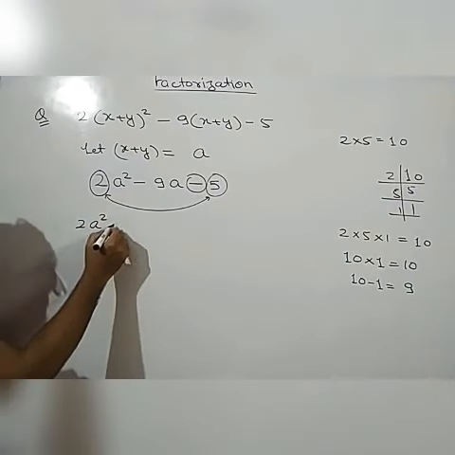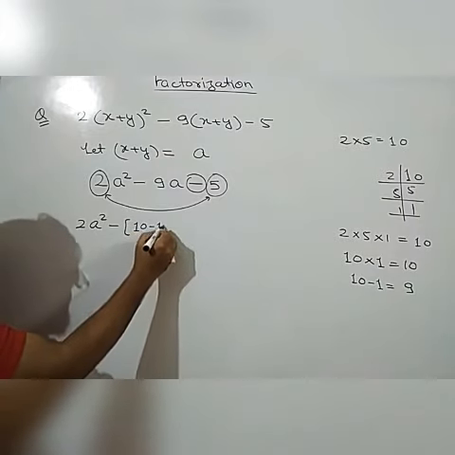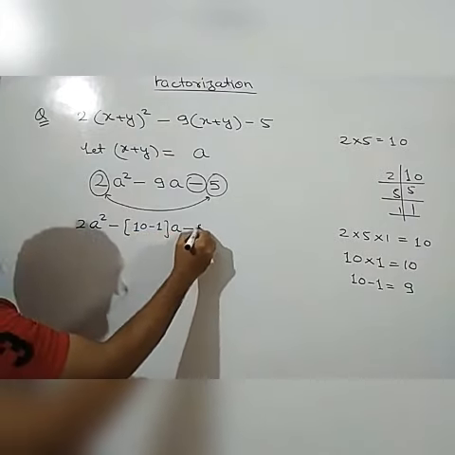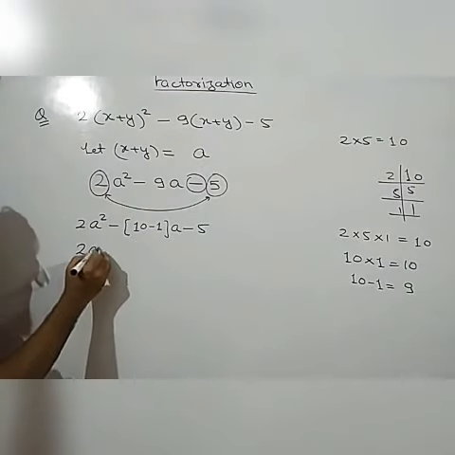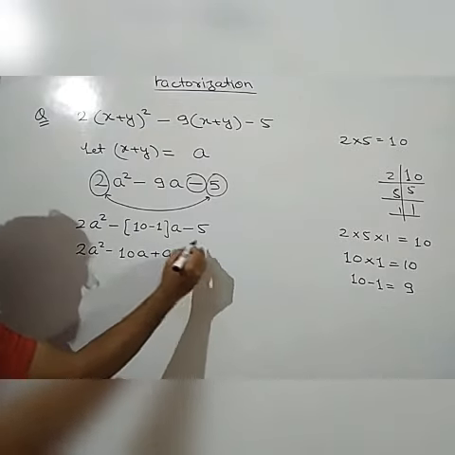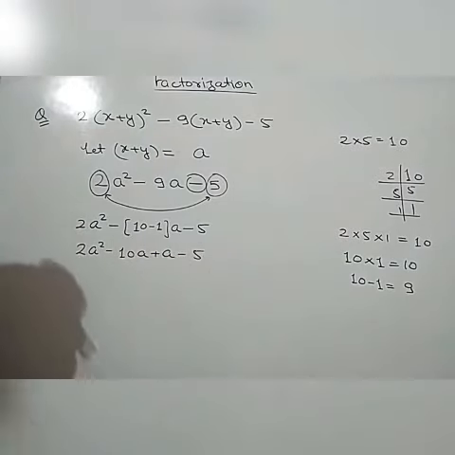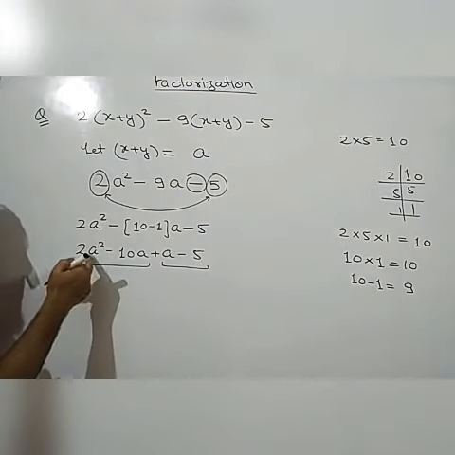We can write it as 2a square minus, in place of 9 we will write (10 minus 1) into a, minus 5. Now multiplying this a inside the bracket, we will get 2a square minus 10a plus a minus 5.